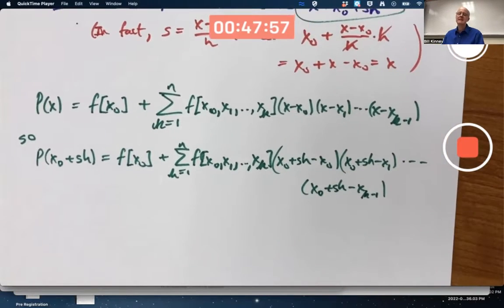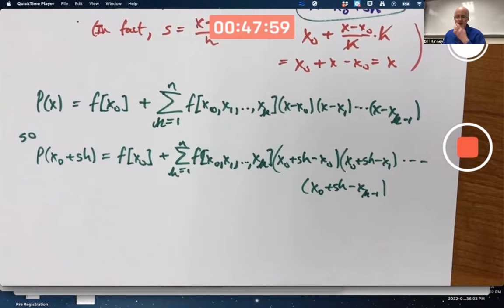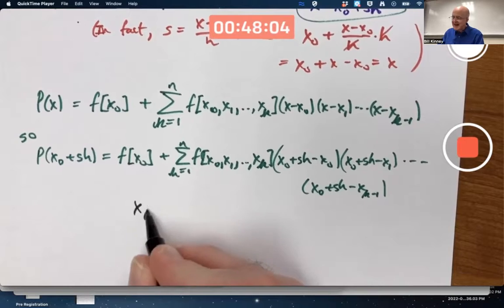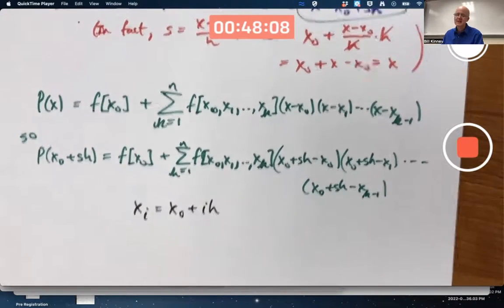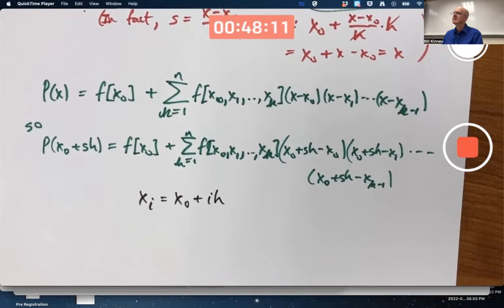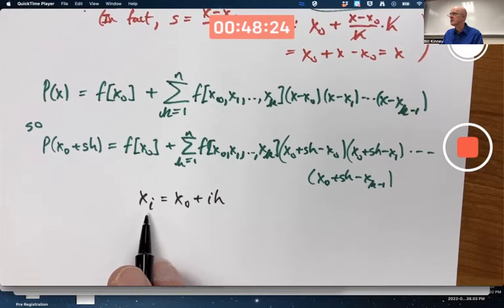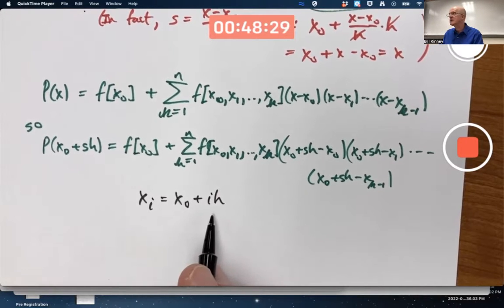But then those things can be simplified. xi in general is x0 plus ih, right? x1 would be x0 plus h. x2 would be x0 plus 2h. The i here is acting like the s for one of our nodes that we're using. x3 would be x0 plus 3h.